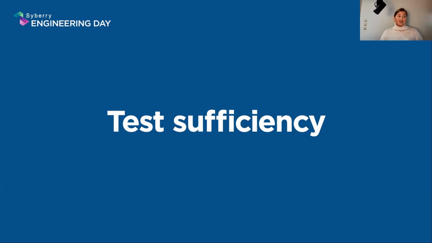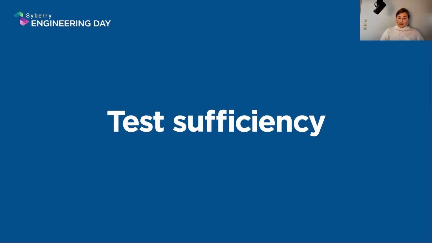And the same can actually work with tests. If there are not enough tests, we can say that there is a bug. It's just a test bug. And for sure, we want to get rid of bugs of all types. What tools do we have here to ensure that the tests are actually sufficient?